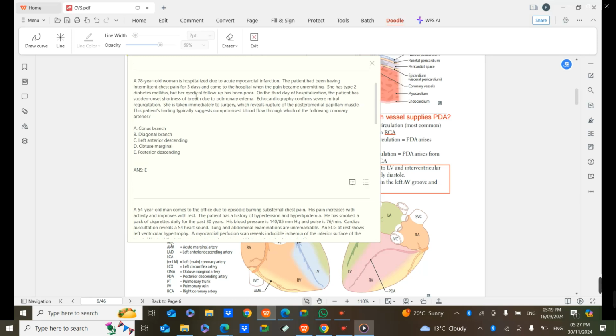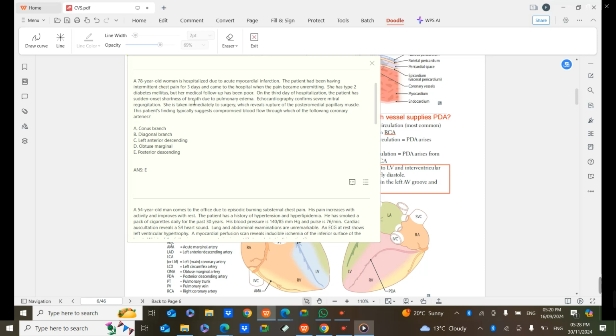A 78-year-old woman is hospitalized due to acute MI. The patient had been having intermittent chest pain for 3 days and came to the hospital when the pain became unremitting. She has type 2 DM, but her medical follow-up has been poor. On the 3rd day of hospitalization, the patient has sudden onset shortness of breath due to pulmonary edema. Echo confirmed severe mitral regurg. Wow.